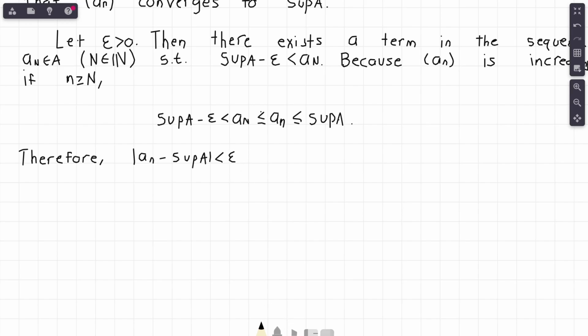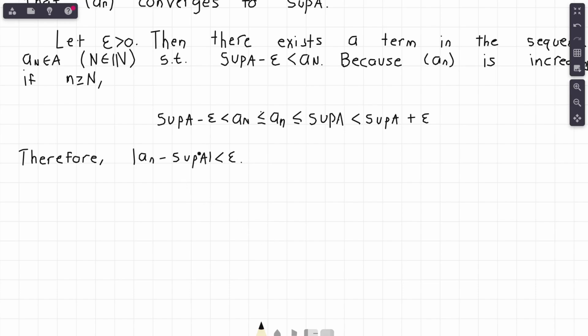And one way to make it more clear how we get from here to here is that the supremum of A is less than the supremum of A plus epsilon. So a_n is larger than the supremum of A minus epsilon, but less than the supremum of A plus epsilon.